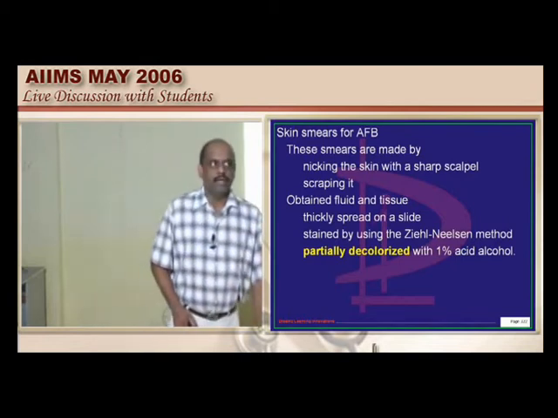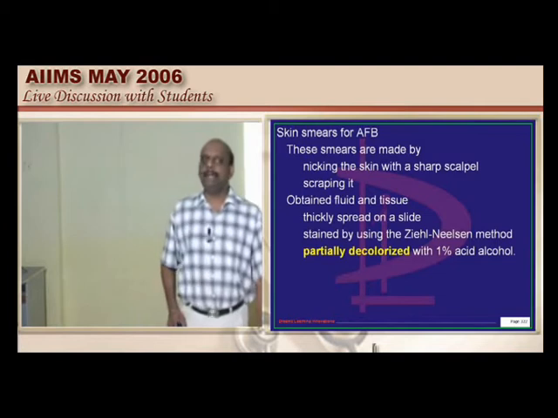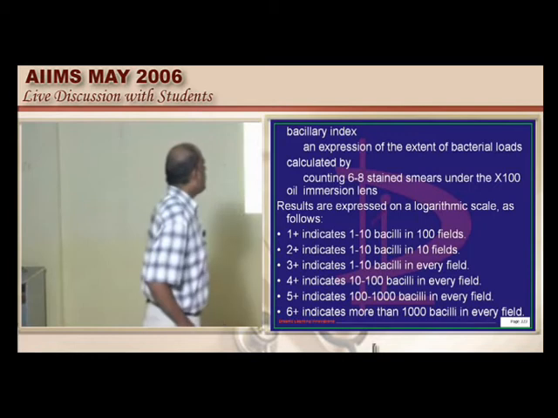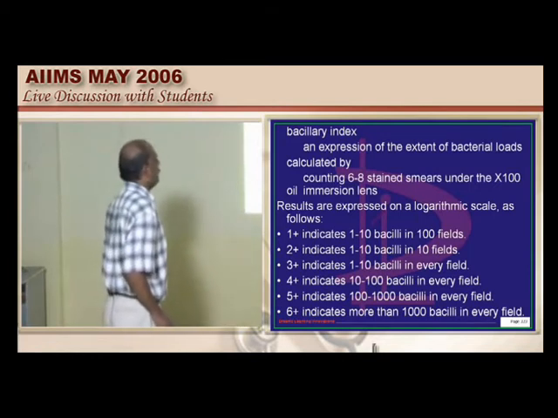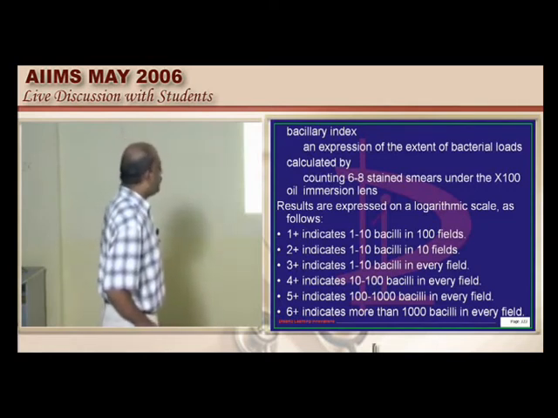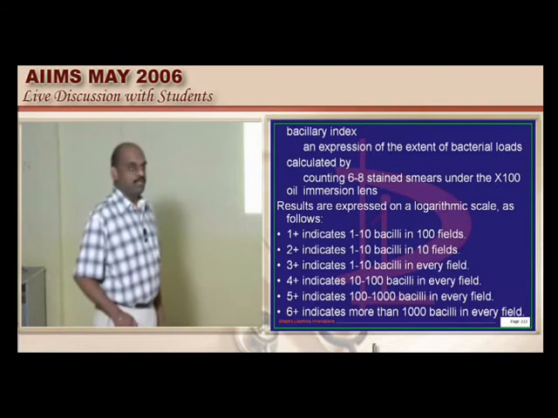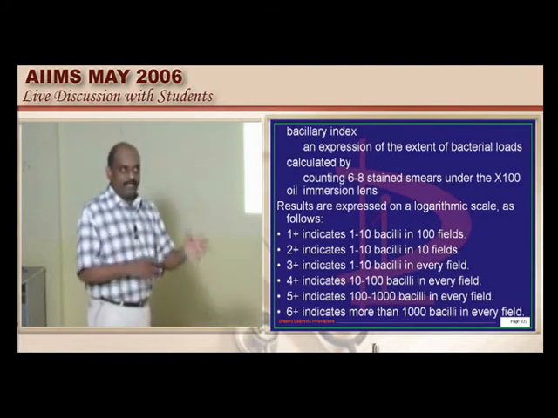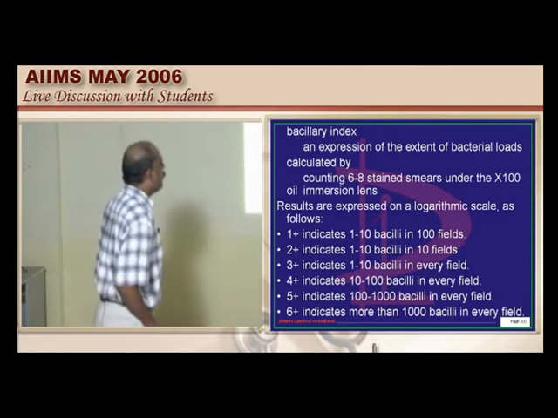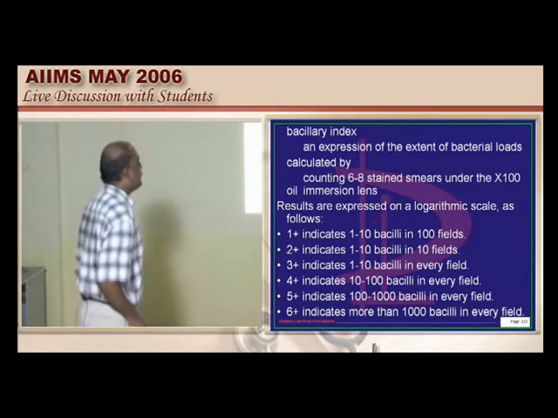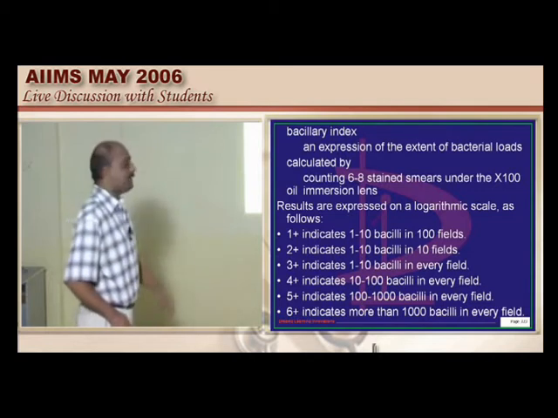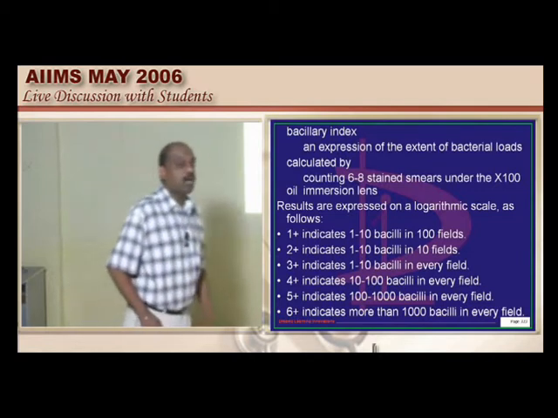Now, in reference to the microbiology of leprosy, you must know what is the meaning of a bacillary index. Typically, 6 to 10 stained smears are observed with 100x magnification, and typically it is the logarithmic scale on which the reports are generated. 1 plus bacillary load means you are able to see about 1 to 10 bacilli in 100 fields, 2 plus is 1 to 10 bacilli in 10 fields, and 3 plus is 1 to 10 bacilli in every field, 4 plus is 10 to 100 bacilli in every field, 5 plus is 100 to 1000 bacilli in every field.